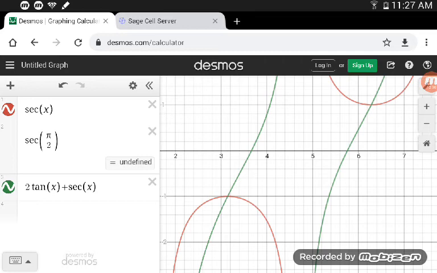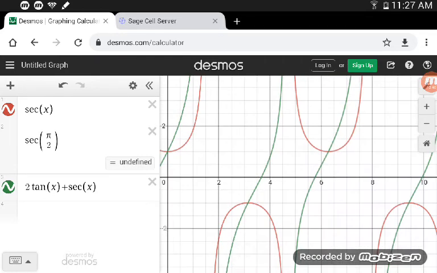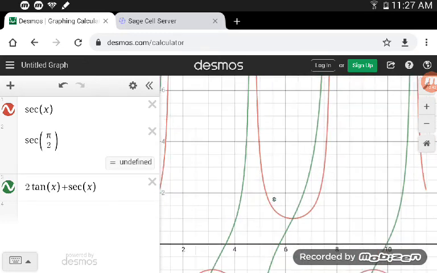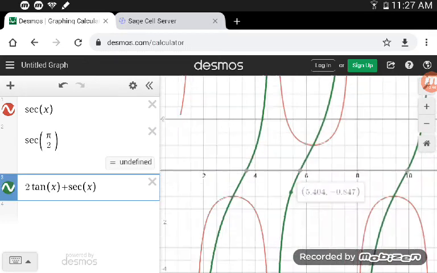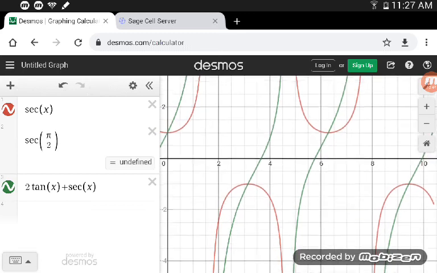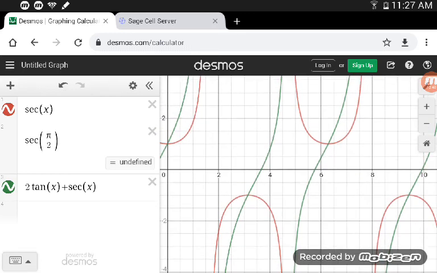Okay, and notice it appears, let's see if I make this a little smaller, right? It appears that it is right there at the same spot that the secant is undefined. So secant was undefined at pi over 2, and it is also undefined at 3 pi over 2. And we could always check that.